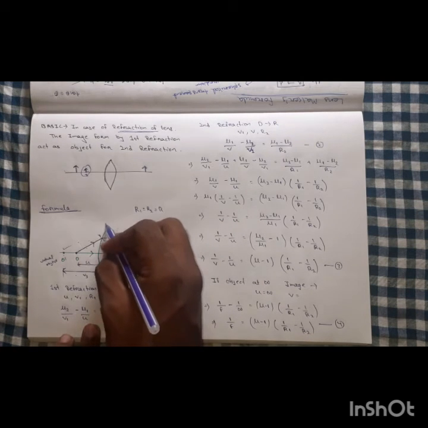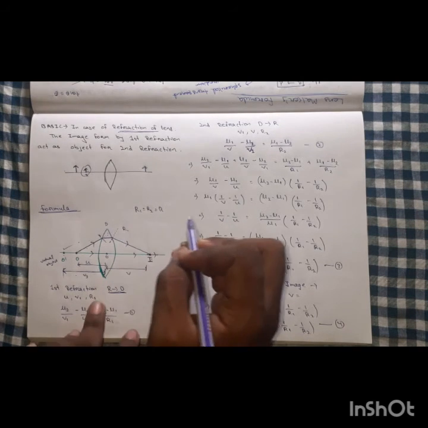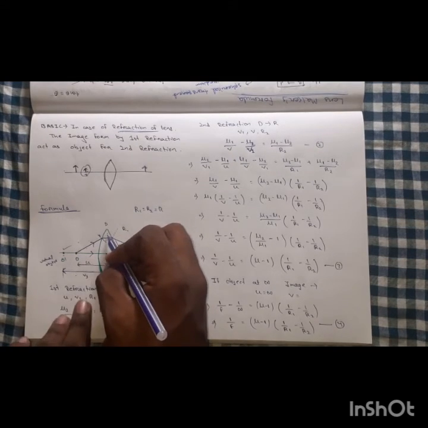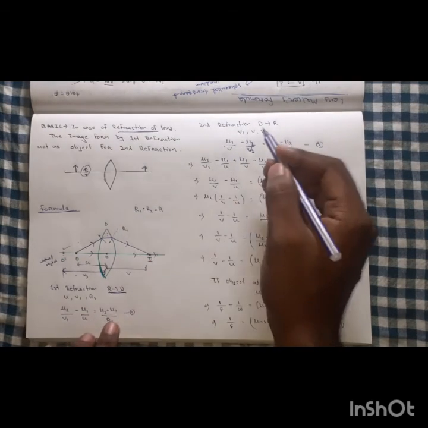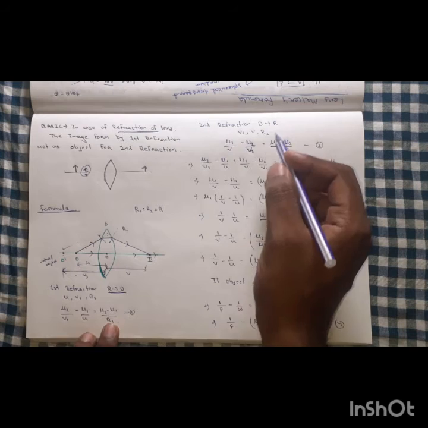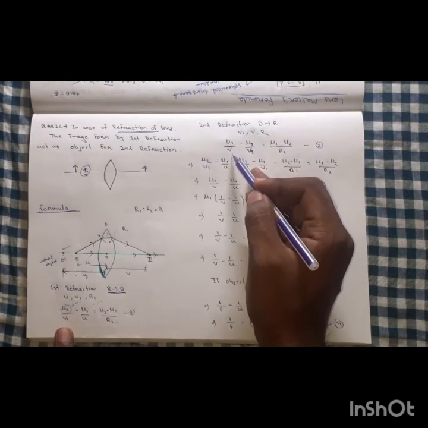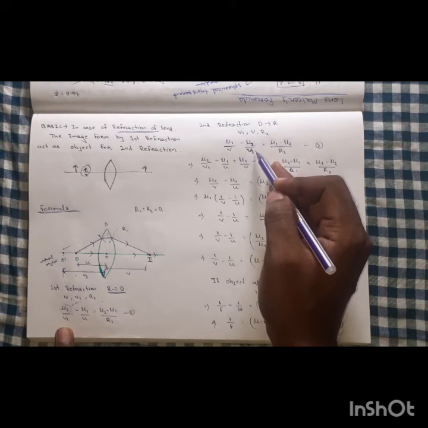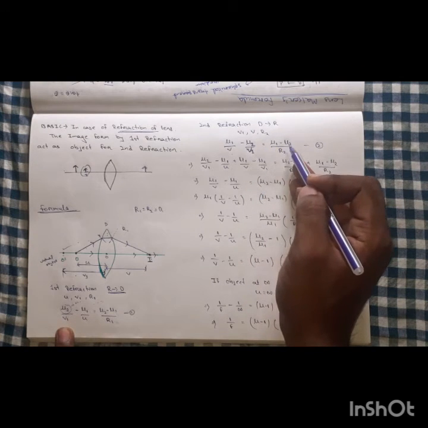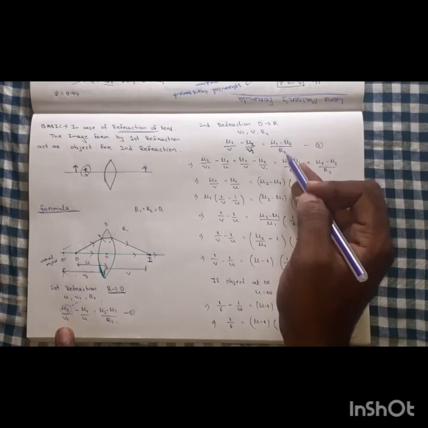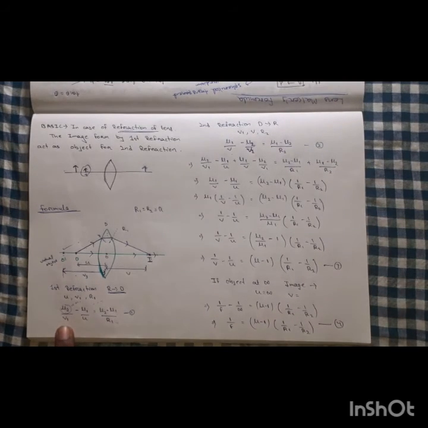This is denser to rarer. One is rarer to denser and one is denser to rarer. For denser to rarer, we can put mu1 in place of mu2, and mu2 in place of mu1. So mu1 by v minus mu2 by v1 equals mu1 minus mu2 by r2, okay.